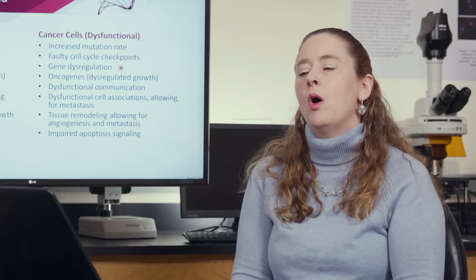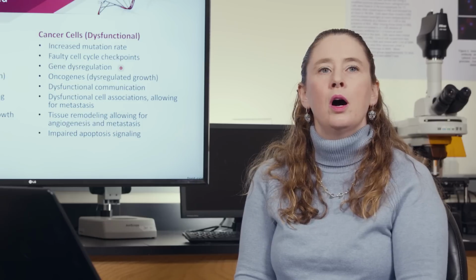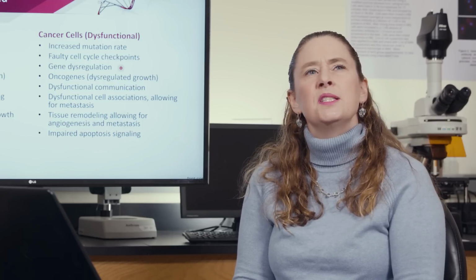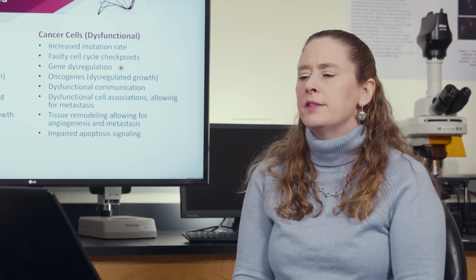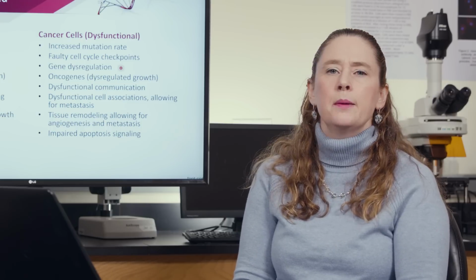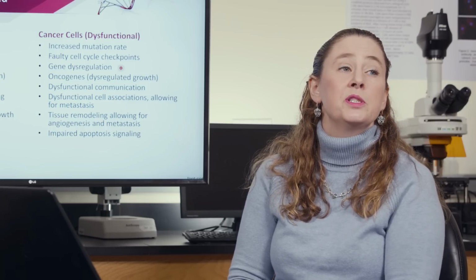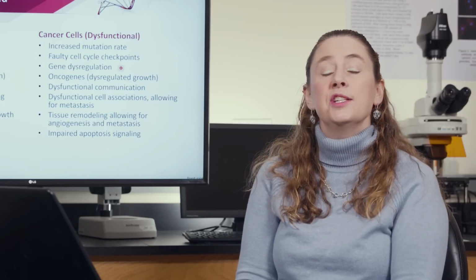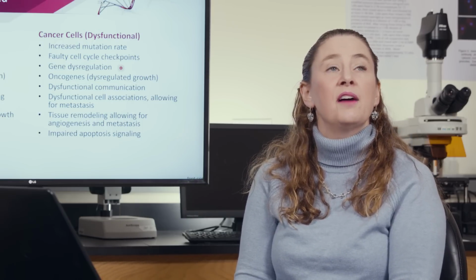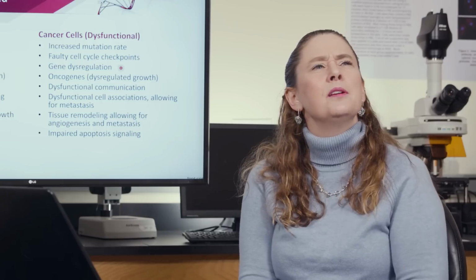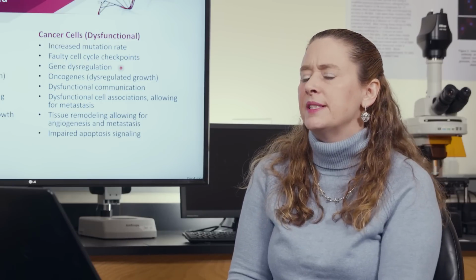So you have all kinds of dysregulation going on. We're going to look at a few specific examples of that. But if you summarize by just saying many genes that are supposed to be on are off, and genes that are supposed to be off are left on all the time, that's not a bad summary of what happens in cancer.